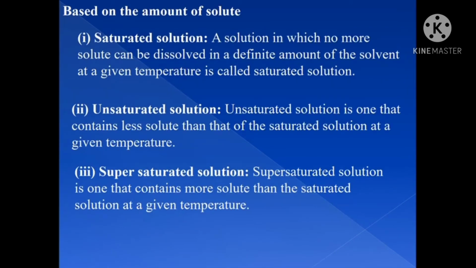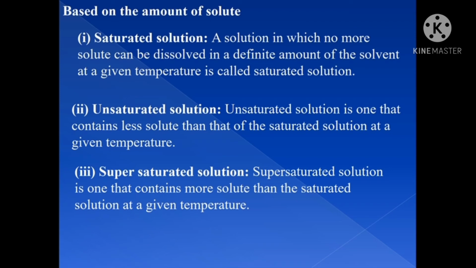Next type depends on the amount of solute present in it. As you are well aware, solute means the one which is present in the lesser quantity in the solution. So depending upon the amount of solute, we are now going to classify the solution. First one is saturated solution.